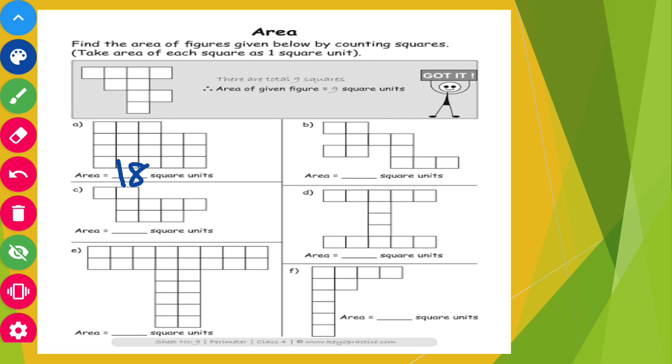Let's move to one more example. Count the squares. How many squares are there in this figure? 1, 2, 3, 4, 5, 6, 7, 8, 9, 10. So the area of the given figure is 10 square units. Is that clear?